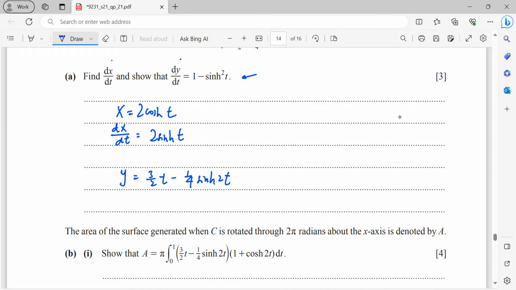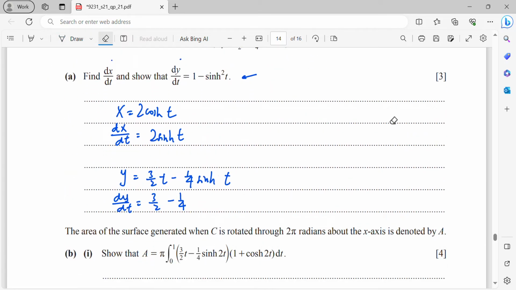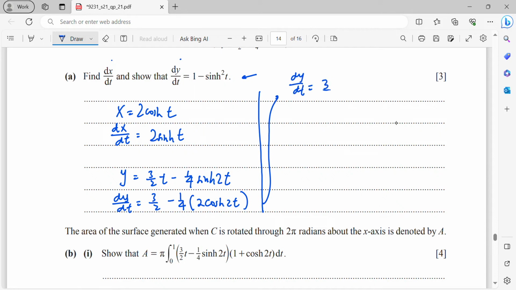Now dy over dt, when you differentiate, I get 3 over 2, keep the negative 1 over 4. This is sine 2t, right? Let me write properly. When you differentiate sine 2t, you will get cos 2t, and differentiate 2t is 2. So from here, my dy over dt is 3 over 2 minus 2 over 4, which is half. So I will get half cos 2t.